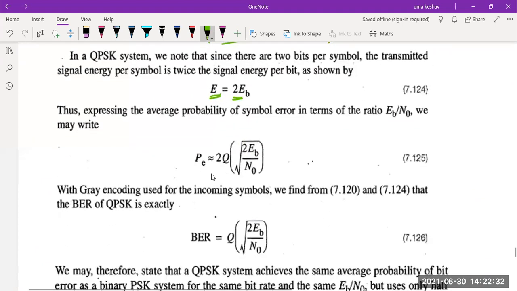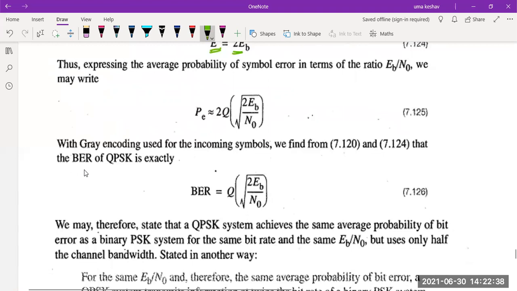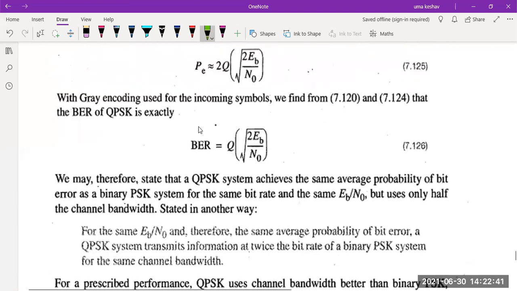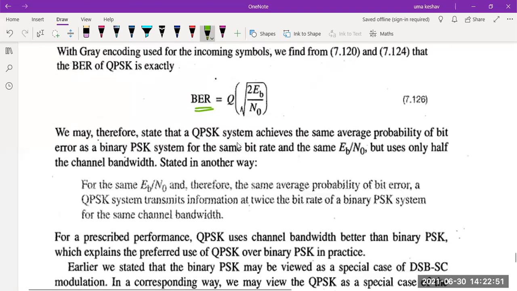You'll get PE as 2Q of root 2EB by N naught. As I told you, this is also called the bit error rate or probability of error. It is Q of root 2EB by N naught. Therefore, the QPSK system achieves the same average probability as the binary PSK system.